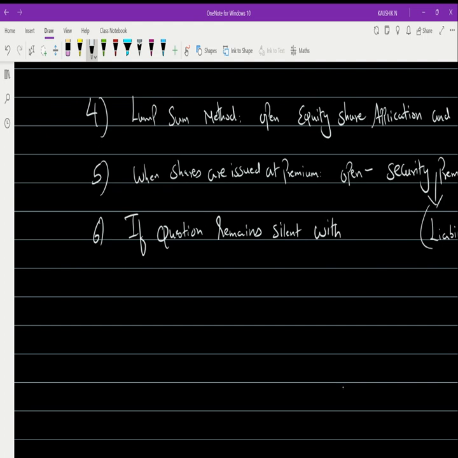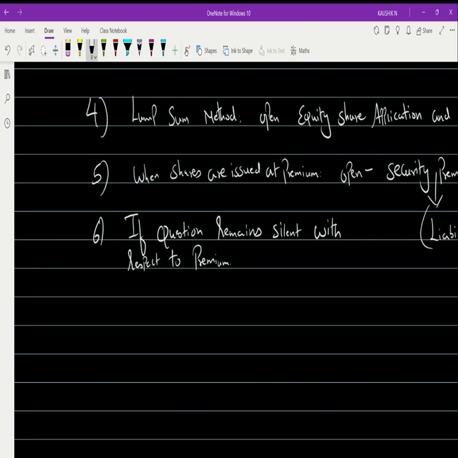Okay, if the question remains silent with respect to premium, that means the problem says that it is issued at a premium, but it is not mentioned anywhere what the premium amount is.